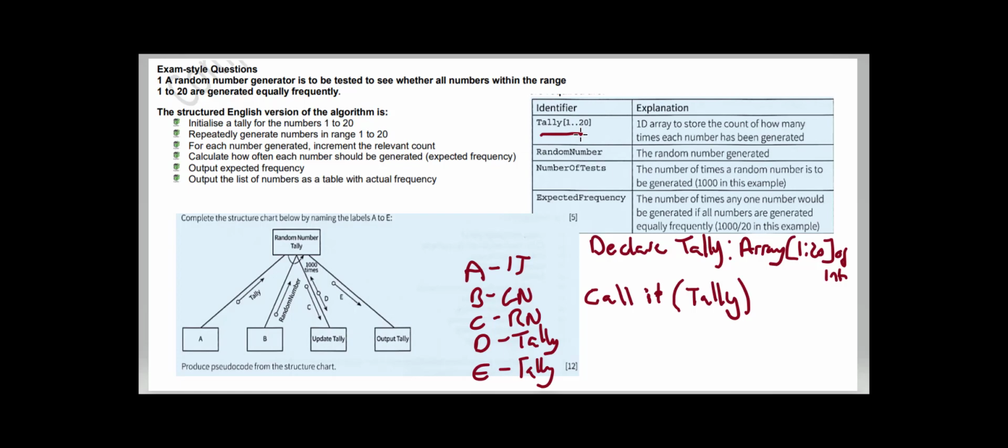Now, we can see that we've got a loop going on here, and it's going 1,000 times. So, for, which needs to be actually indented, my apologies. For count 1 to 1,000.